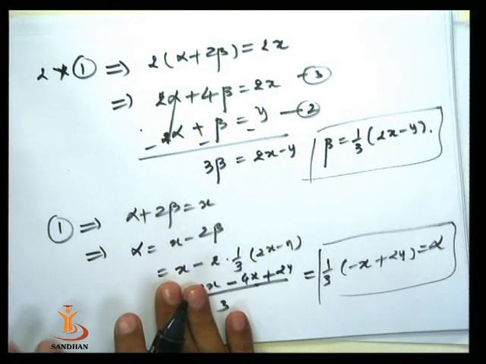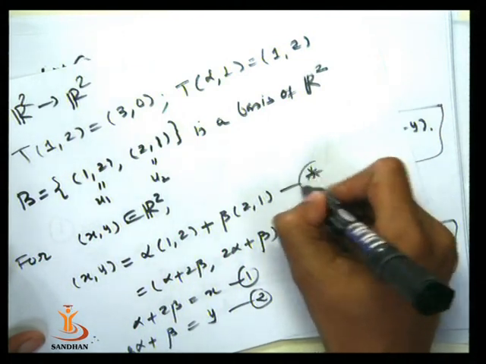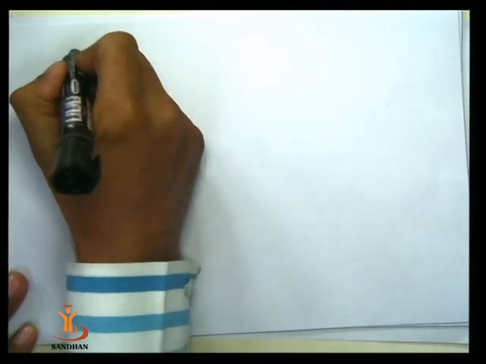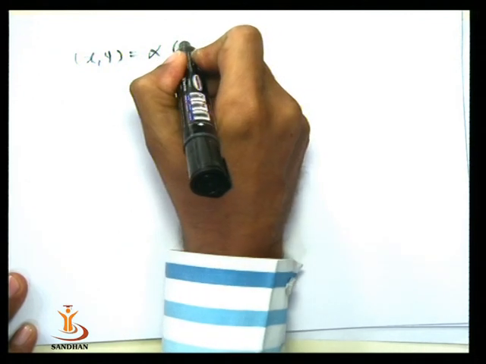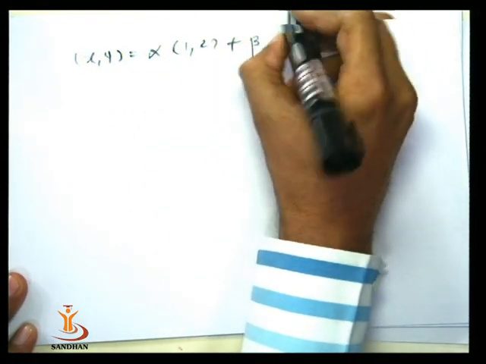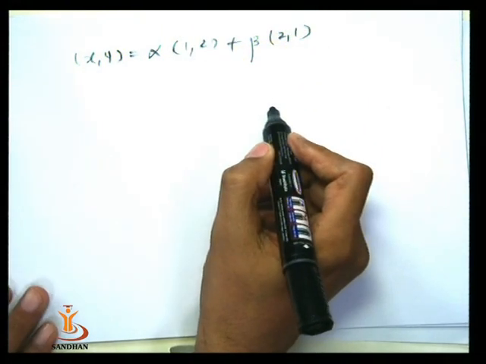So we can put these into this equation, star. We had (x,y) = alpha times (1,2) + beta times (2,1).